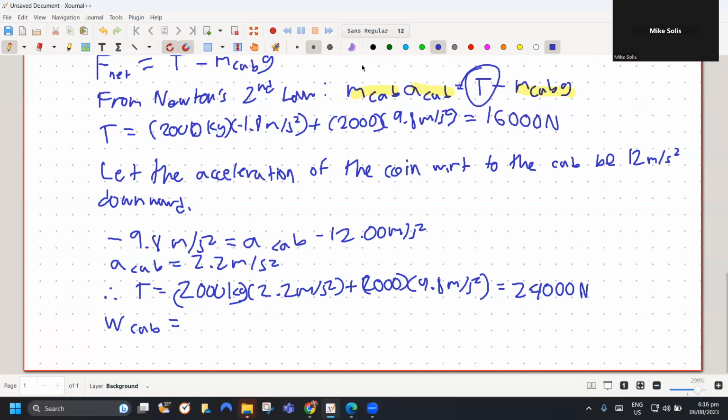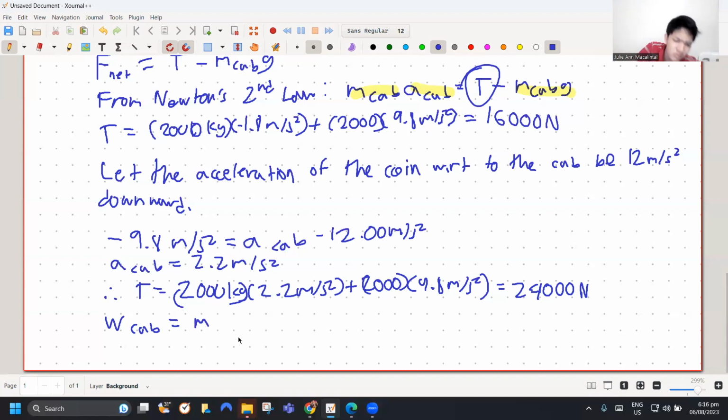Paano mo kino-compute yun? Pag nasa surface ng Earth ka or near the surface of the Earth. So far, ano yung binibigay sa ating method to compute that? Tingnan mo ulit yung free body diagram mo.